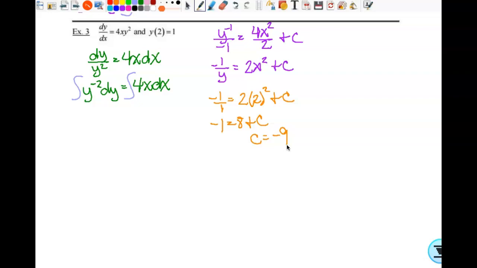Yep, substitute it in and solve for Y. Go ahead and try that, and then I'll walk you through it.